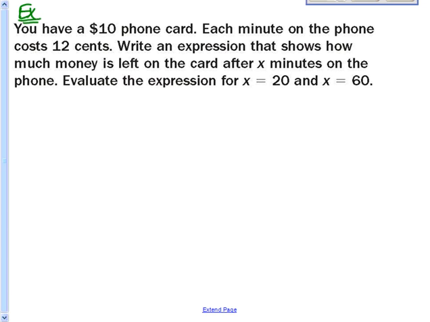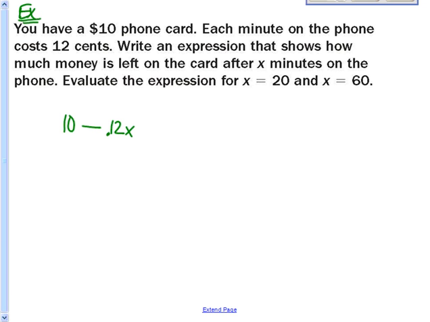Okay, so we start with $10, right? So 10 bucks, and we're taking off how much it's costing us for each minute. It's 12 cents per minute, so 0.12 times x. For instance, if x is 1, it would be $10 minus 0.12 times 1. Or let's say we went 2 minutes: it'd be $10 minus 0.12 times 2, so we'd use up 24 cents worth of minutes.